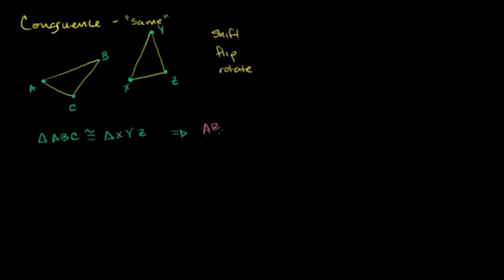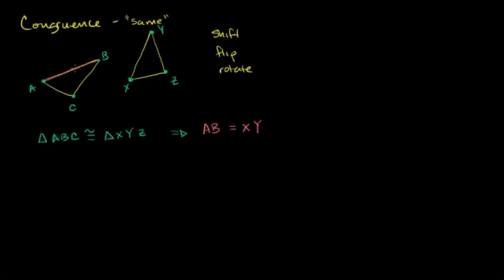The length of segment AB is going to be equal to the length of segment XY. And we could denote it like this. And I'm assuming that these are the corresponding sides, and you can see it by the way we've defined these triangles. A corresponds to X, B corresponds to Y, and C corresponds to Z right over there.